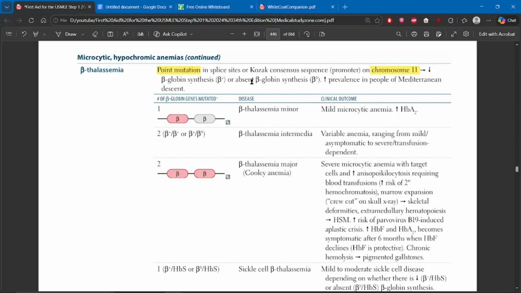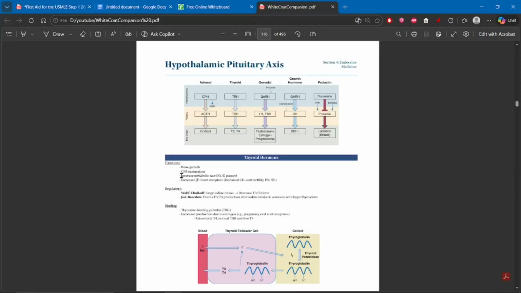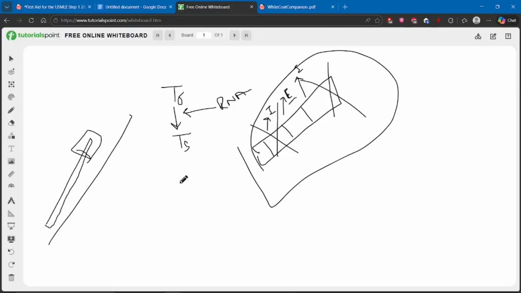Either it's going to be beta positive, which does not mean that it is normal. You have to keep this in mind.